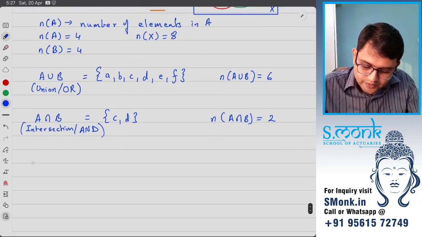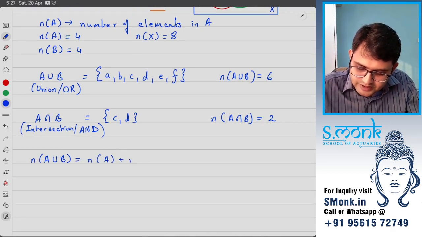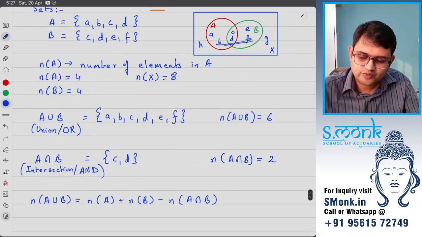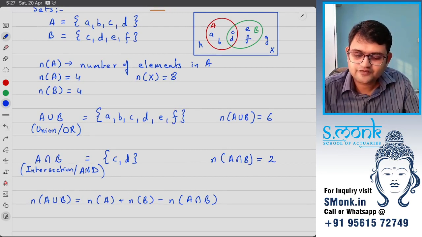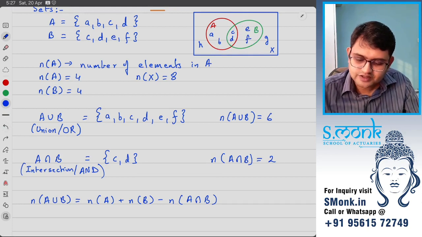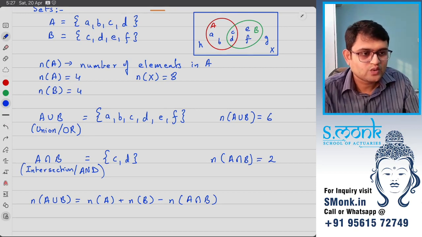Using this, we can make a formula. We can say the number of elements in A union B will be equal to the number of elements in A plus the number of elements in B minus the number of elements in A intersection B. You can use the diagram to prove it, or you can just use the numbers. Using the diagram, you will say everything that is part of A plus everything that is part of B. When I add them, this intersection will be added 2 times, so I have to subtract it once.